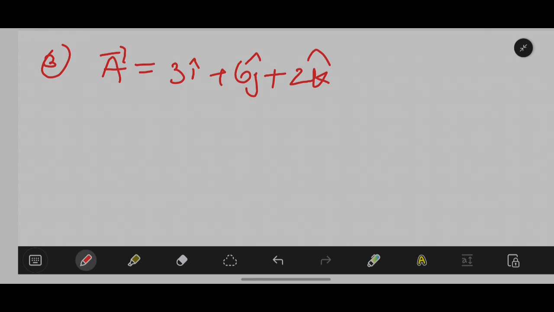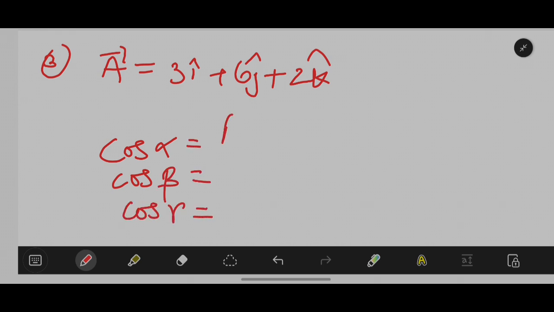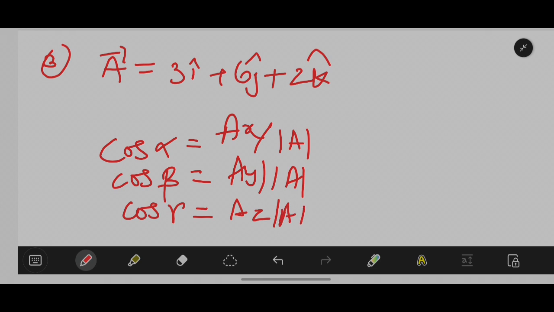You must recollect the formulas I have discussed. For cos alpha, cos beta, cos gamma, we have discussed 3 formulas in the explanation video. These 3 formulas are ax by mod a, ay by mod a, az by mod a. These are the formulas discussed in the concept 2 explanation video.